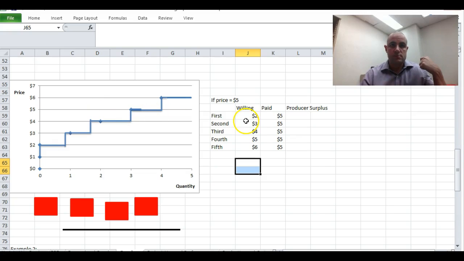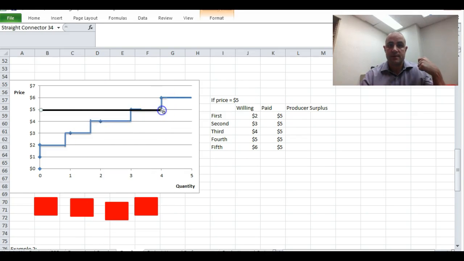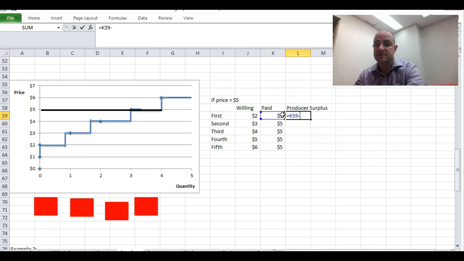These are a little bit off. So, example for the first one: the price is $5 here. For the first unit, they were willing to sell for $2, which was the cost of the first unit. They did sell for $5, and so the producer surplus is $3. They received $3 more for it than they were willing to sell it for, so that's a bonus.